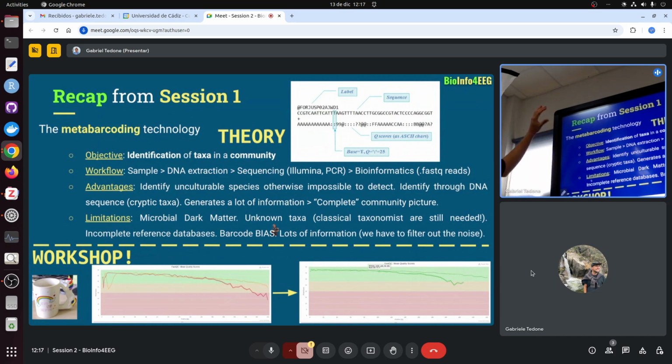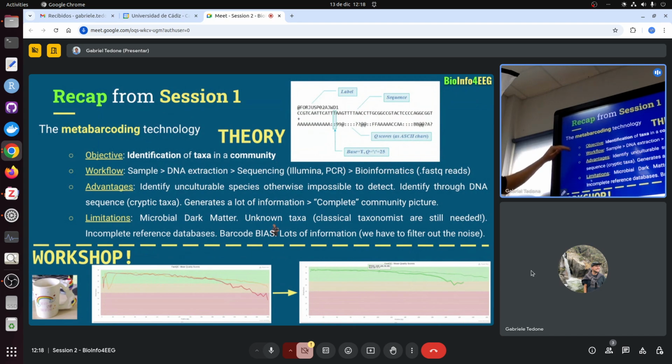So the principal objective of metabarcoding is the identification of the taxa that make up a community. It is mainly applied to microbial communities, but it can also be applied to animals and stuff like that.